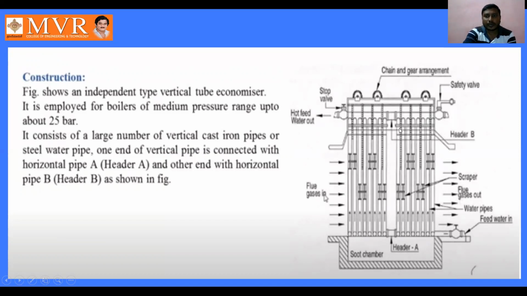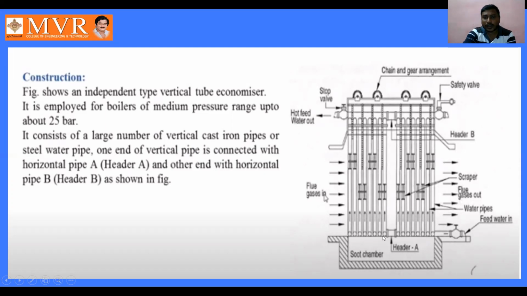As I have shown you in the previous diagram, we are having some tubes here in the vertical direction. The flue gases move in the horizontal direction, which is perpendicular to these tubes. See here, we already studied in the previous diagram that the feed water is going to enter into this tube. Feed water comes in from this horizontal pipe, and enters into this pipe, which is nothing but a header.